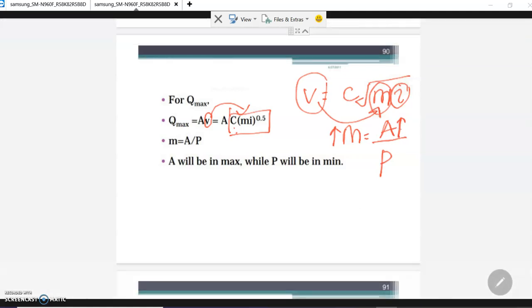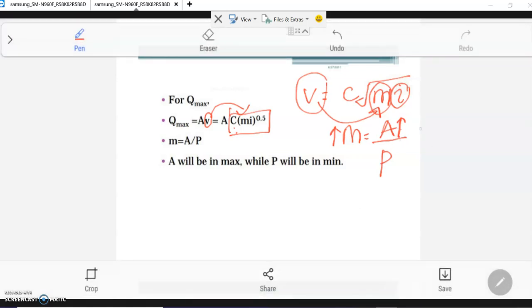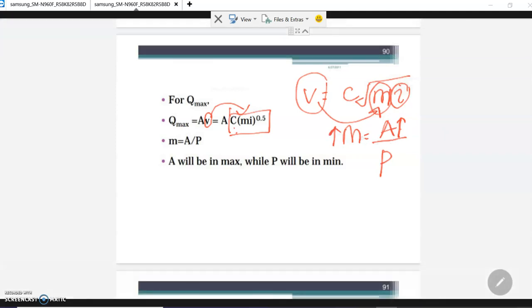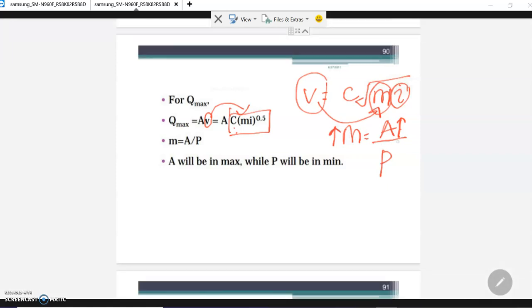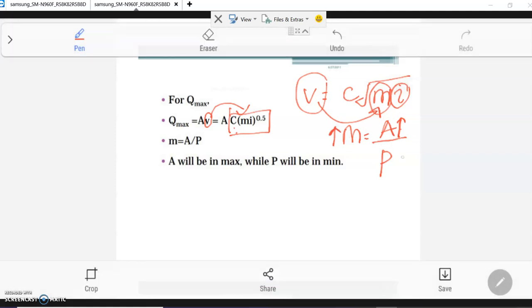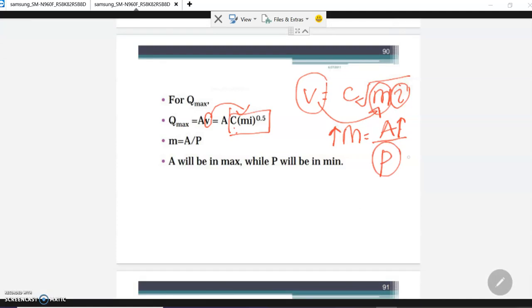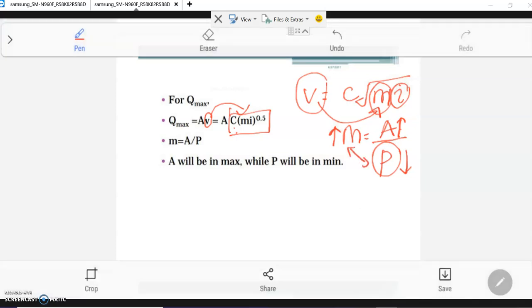When area is high, the hydraulic mean depth increases, while the wetted perimeter decreases. So the wetted perimeter here is inversely proportional to the hydraulic mean depth.